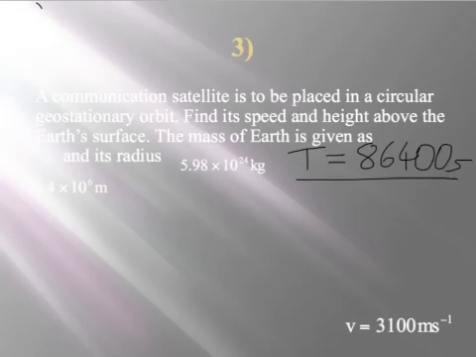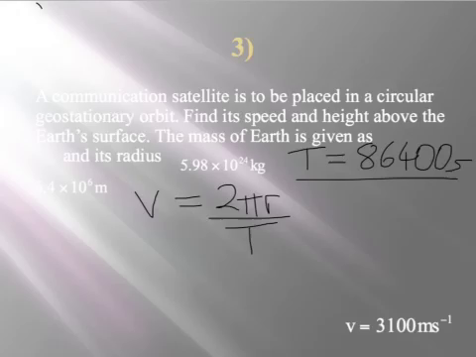Now to do this we need to approach it in a certain way. To find the height or the radius of orbit, first of all, we can use this period 86,400 seconds and the fact that to go in a circle of radius r, the speed of the object must equal distance over time, and for a circle, of course, the distance is the circumference, 2 pi r, and in this case the time is 1 period.